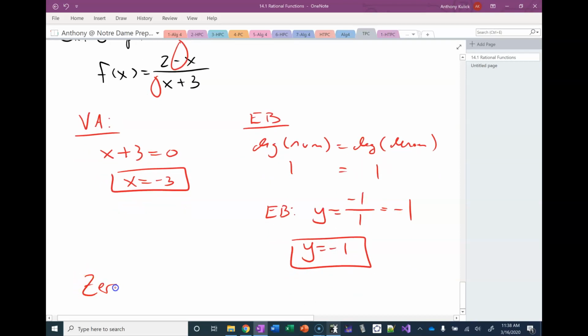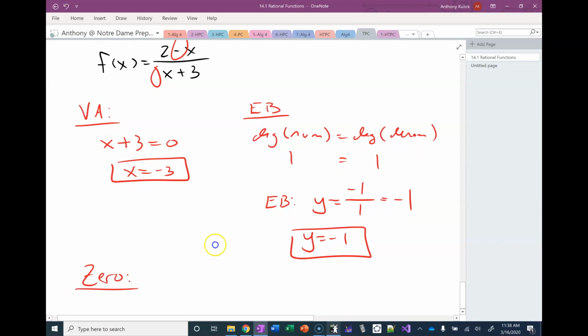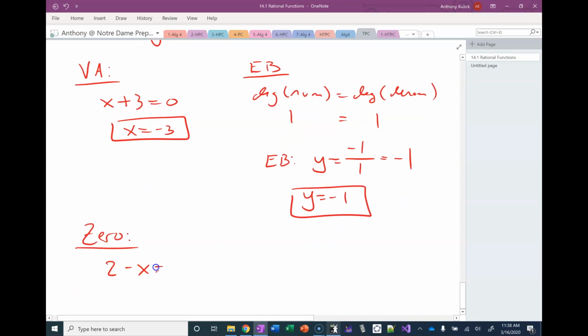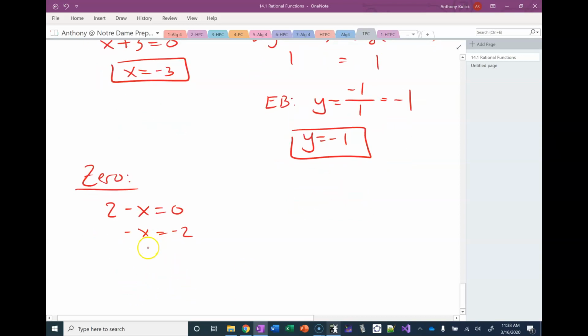Next thing, we'll look at the zeros. To get that, I'm going to take the numerator and set it equal to 0. So when I subtract 2 from both sides, I get negative x is equal to negative 2. And I divide both sides by negative 1 to give me x equals 2, which tells me I have the point (2, 0).